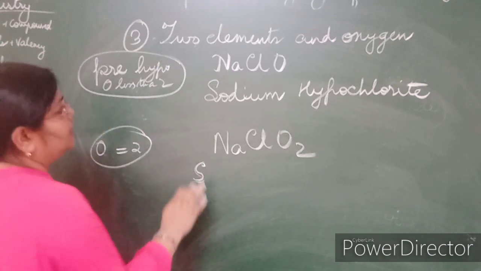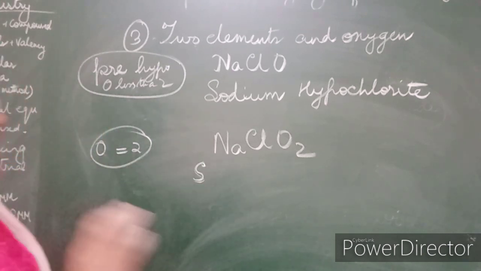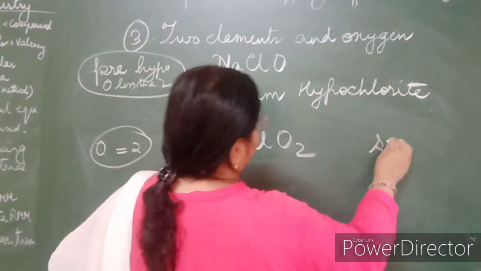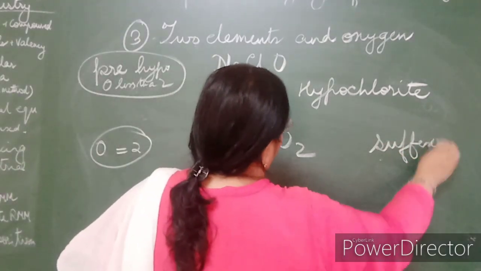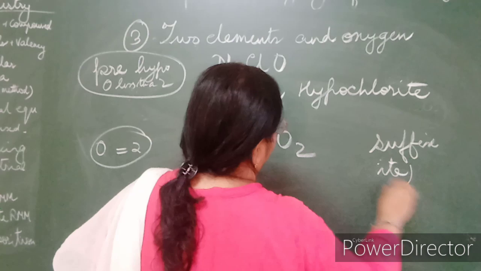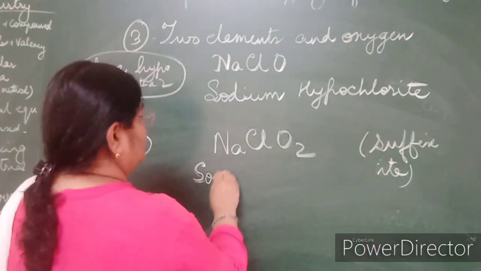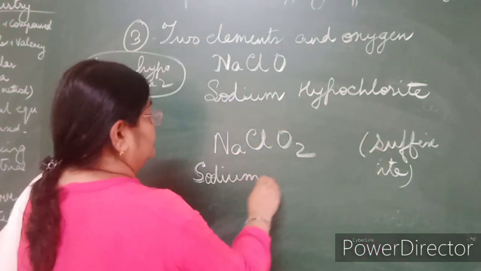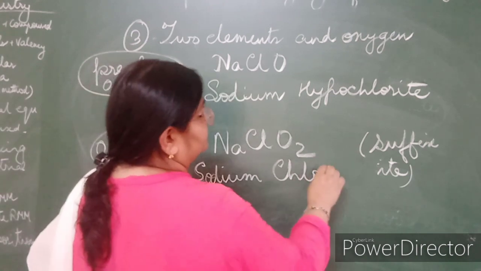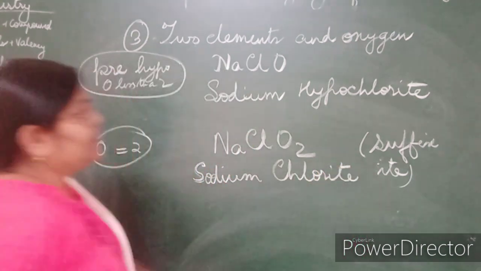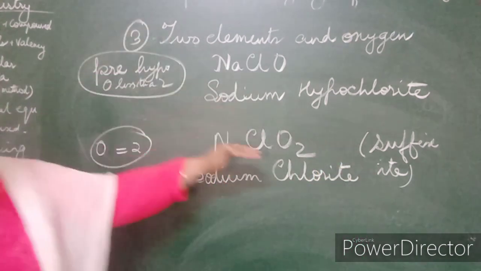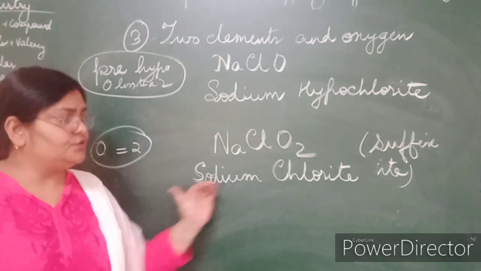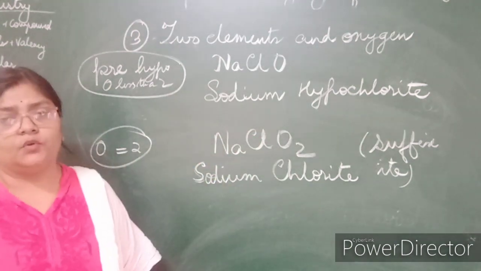Here only the suffix ite is used. So sodium chlorite. Hypo will be used only when it is less than 2. If 2, straight away chlorite.